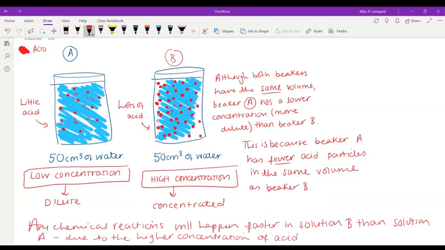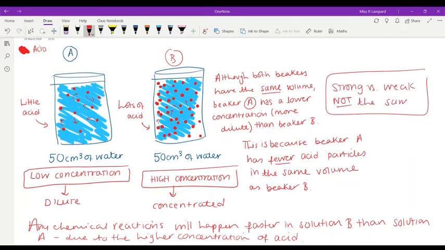Now you don't need to know any more than that at this stage here. This is not the same as strong versus weak. Okay, so strong versus weak is not the same.